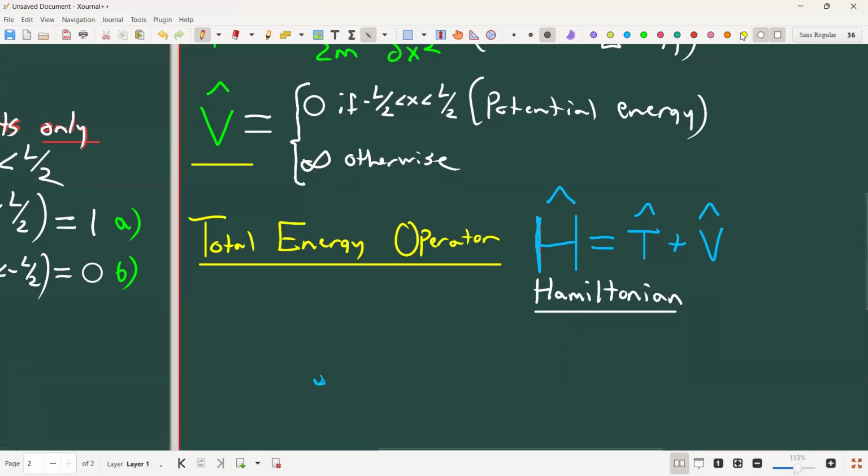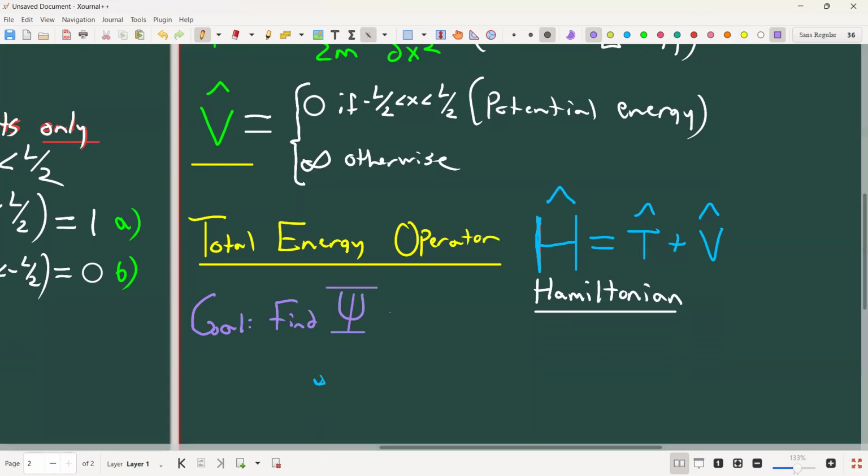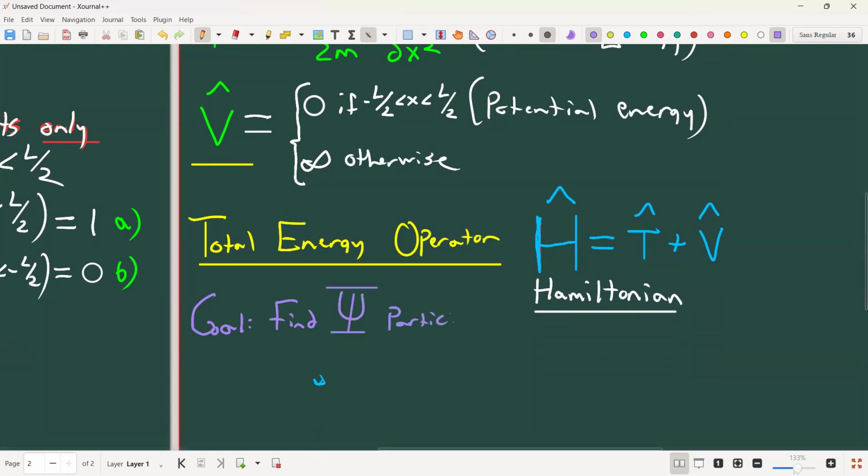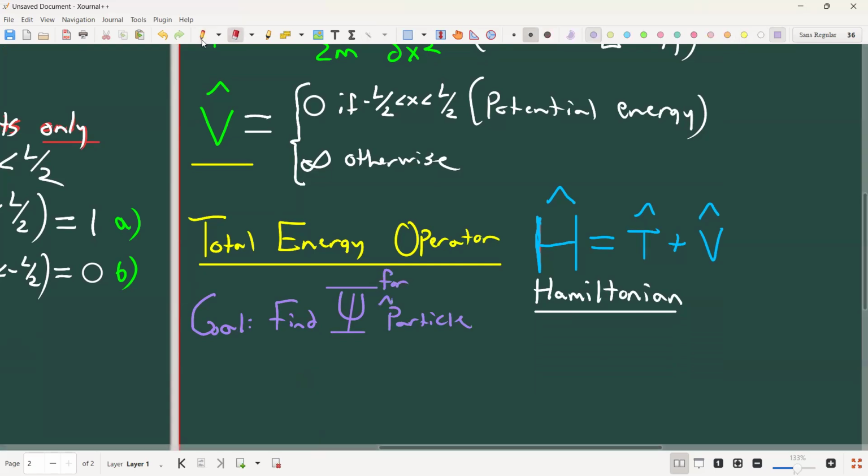Right? So our goal now is to find our wave functions for our system, for a particle, satisfying this equation.